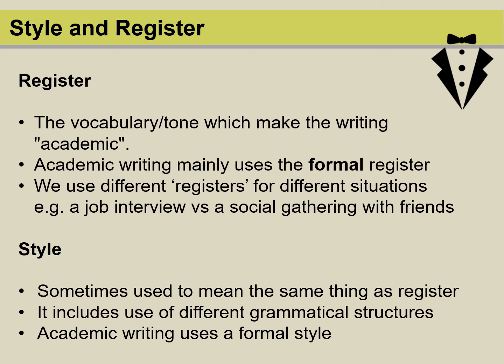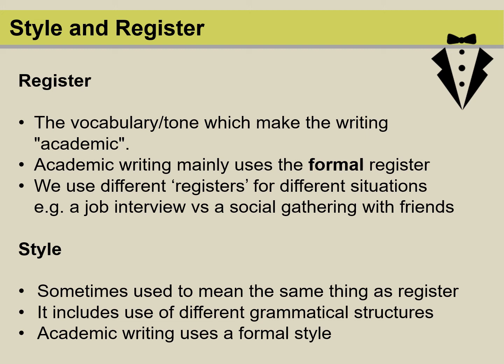So registers are functional. They function in different types of situation. So we need to use the appropriate register for the appropriate situation. So our academic register is the formal register. We're using formal language, not informal phrases or slang or abbreviations.